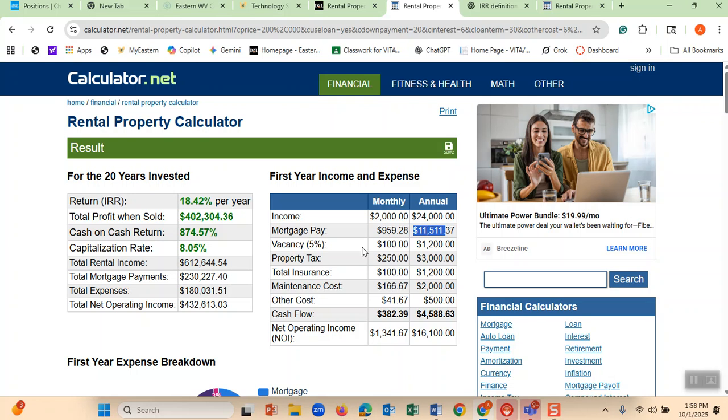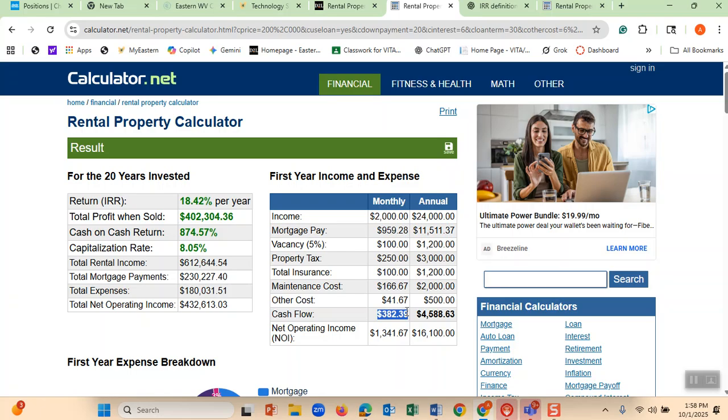Vacancy rate, 5%, that is, out of your pocket, this is what you are not going to get, and therefore, we come here, property taxes, $250 a month and $3,000 a year, insurance, maintenance costs, and therefore your cash flow.